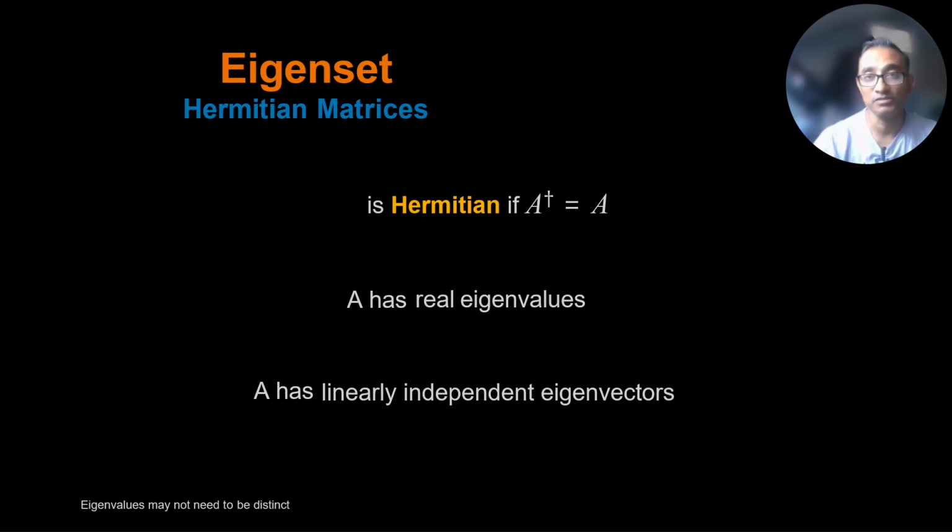Such a Hermitian matrix has real eigenvalues, and it is comprised of linearly independent eigenvectors, which means the component vectors do not have an overlapping relationship with each other. It has to be noted though that the eigenvalues need not be distinct. They will still end up representing distinct vectors.